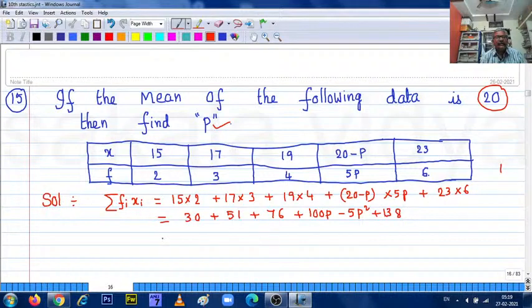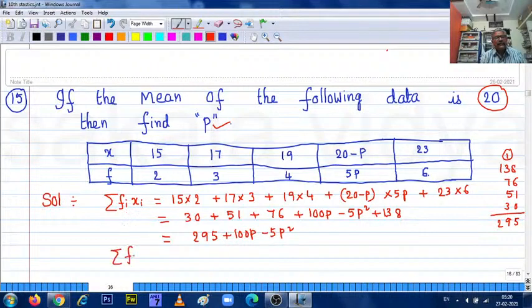So we write 138, 76, 51 and 30 and add them. The total is 295. So you can write 295 plus 100p minus 5p square. This is sigma fi xi.